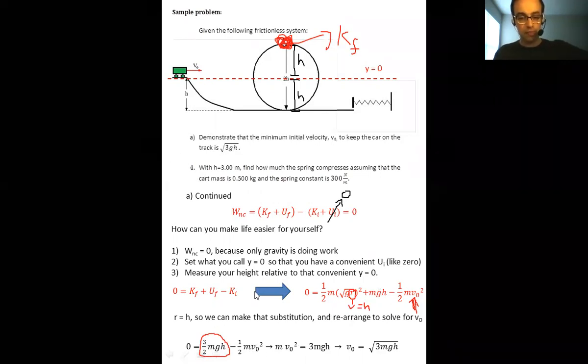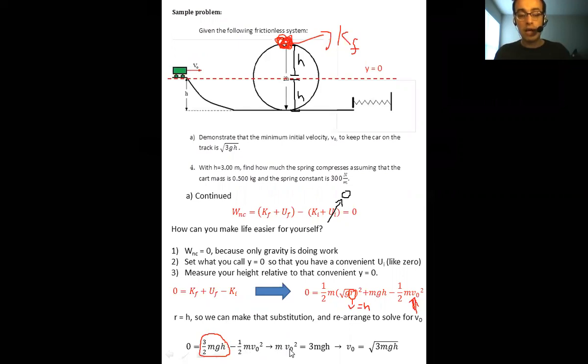We do a little bit of rearranging. We move this 1/2 mv naught squared to the other side of the equation. We then multiply both sides of the equation by 2 to get rid of this 1/2 and this 3/2.